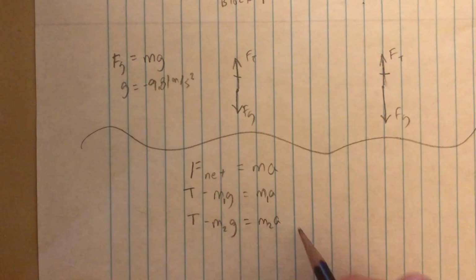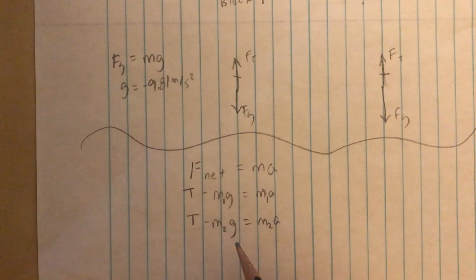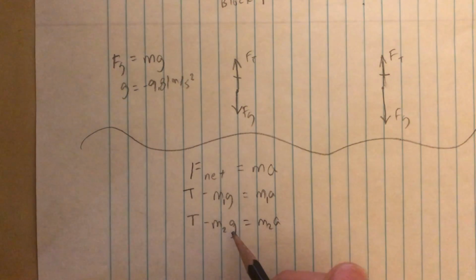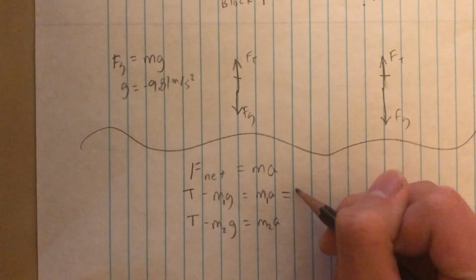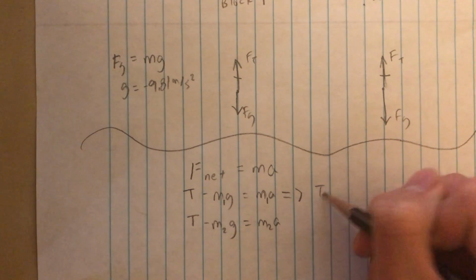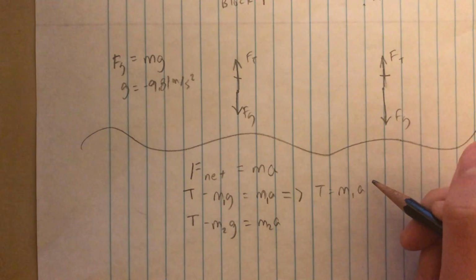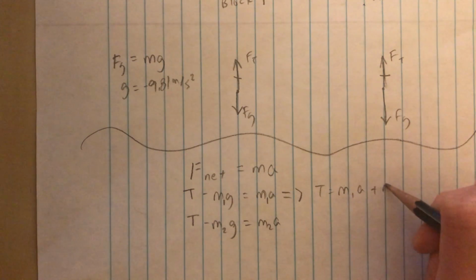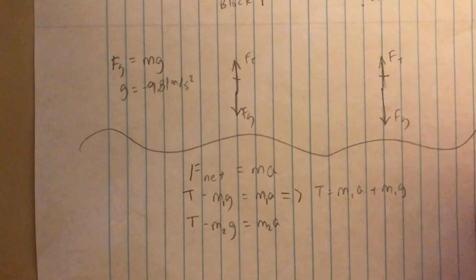So now we have two equations, and they both have the variable T in them. So we can substitute T to get one big equation. We'll manipulate this equation to get T equals mass of the first block times acceleration, plus mass of the first block times acceleration due to gravity.